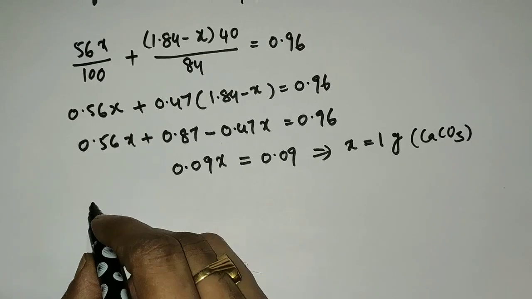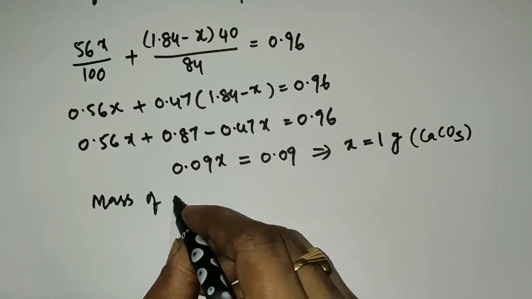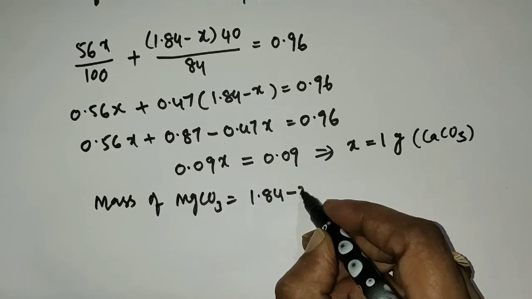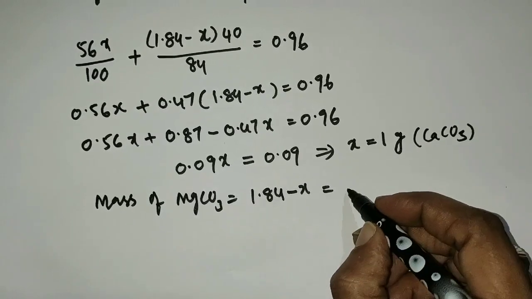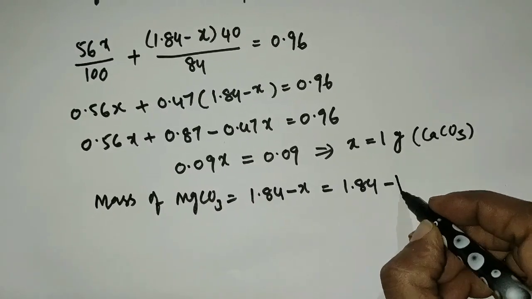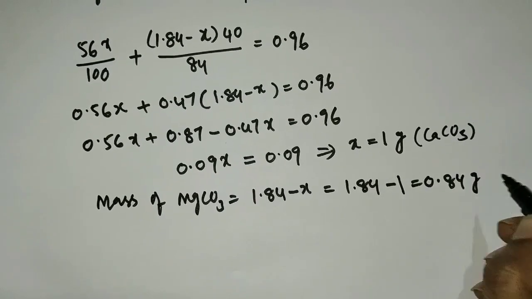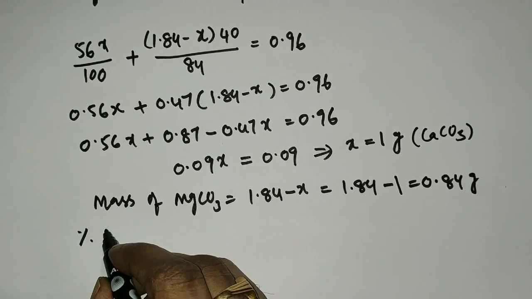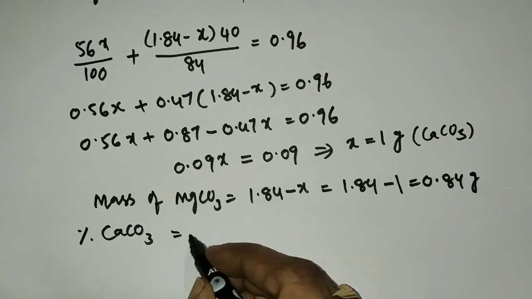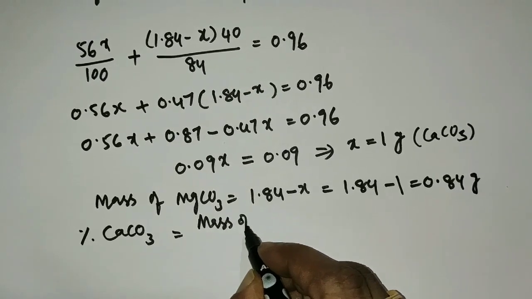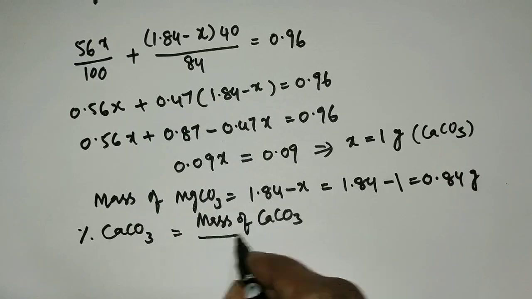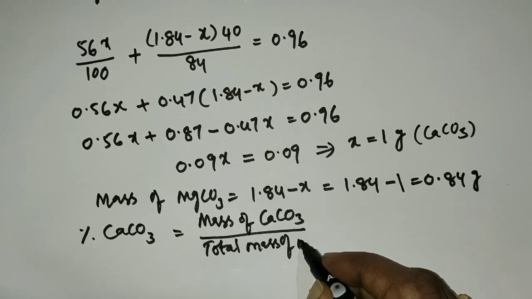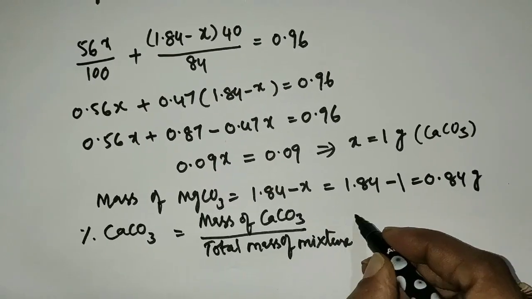Now the mass of MgCO3 is equal to 1.84 minus x. x is mass of CaCO3, so 1.84 minus 1 is 0.84 grams. So now percentage composition of CaCO3 is equal to mass of CaCO3 divided by total mass of mixture into 100.